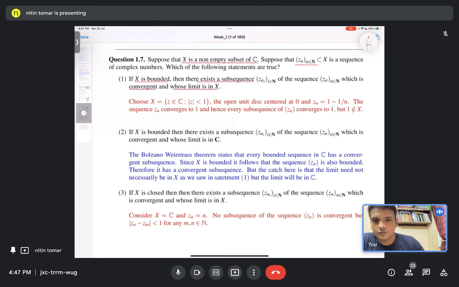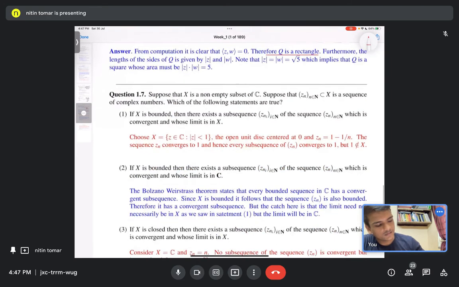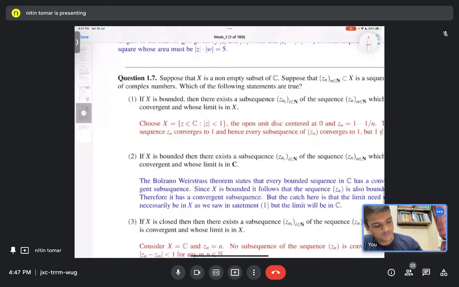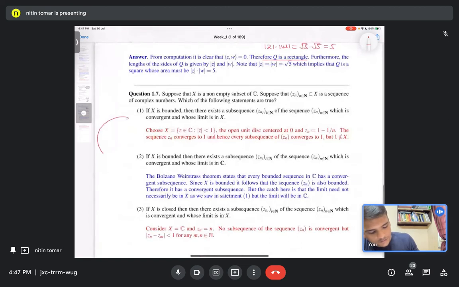So the answer is no. Why? Because even before this, we saw one example. So you take the open unit disk, let's say centered at 0, and you take the given sequence Zn to be 1 minus 1 by n.